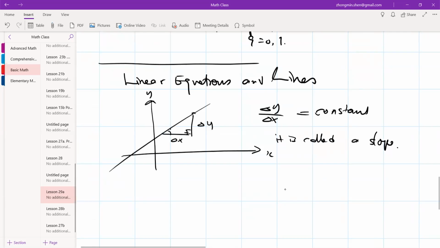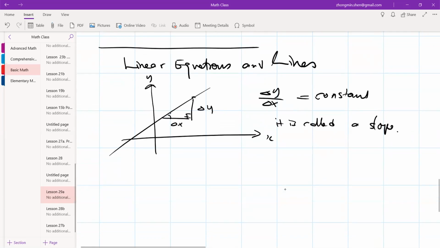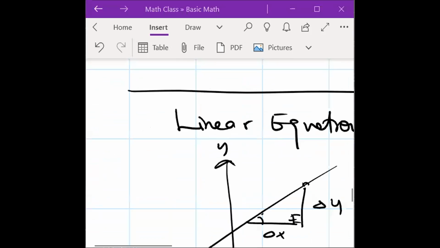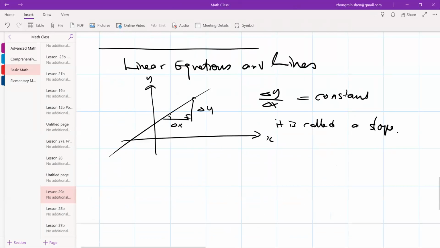Okay, it doesn't matter where you pick the 2 points, P and Q. The change in the y variable and the change in the x coordinates, the ratio will be constant. That's called the slope.